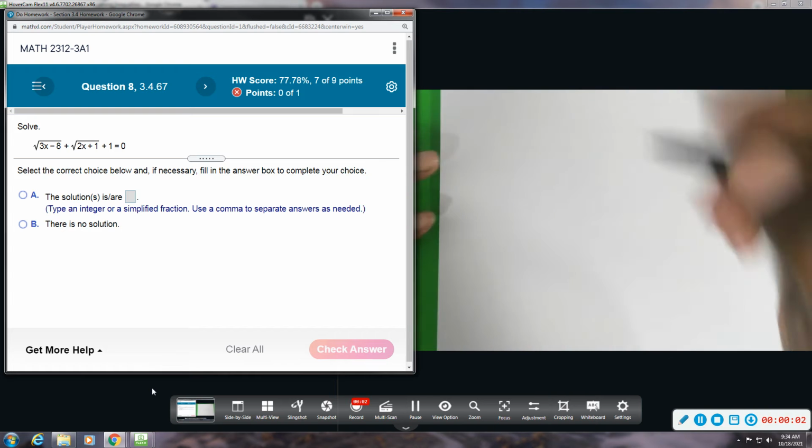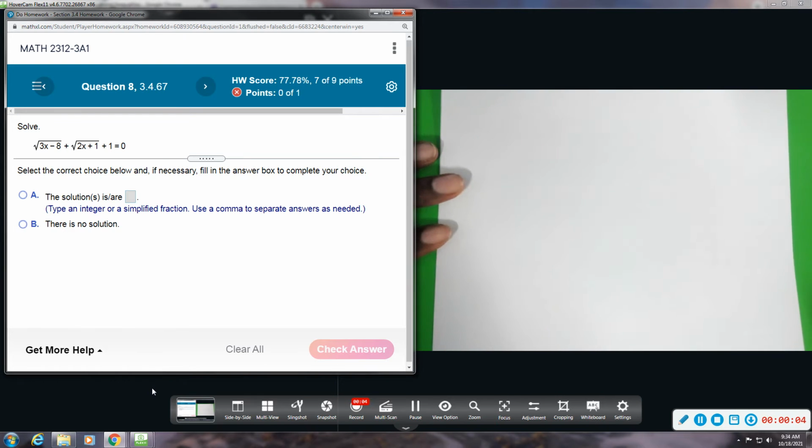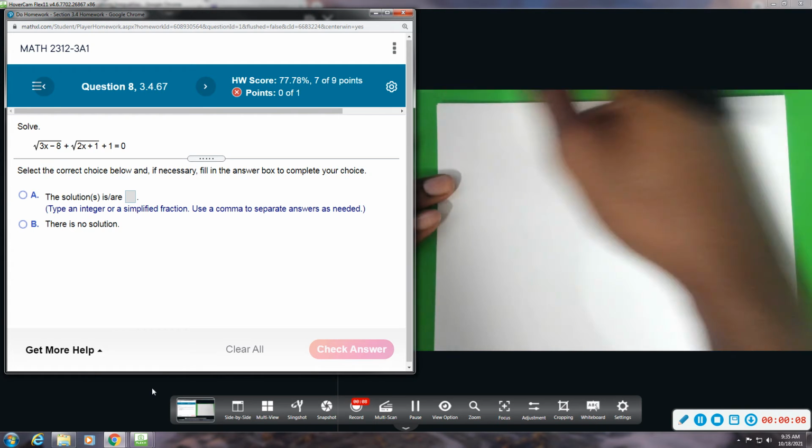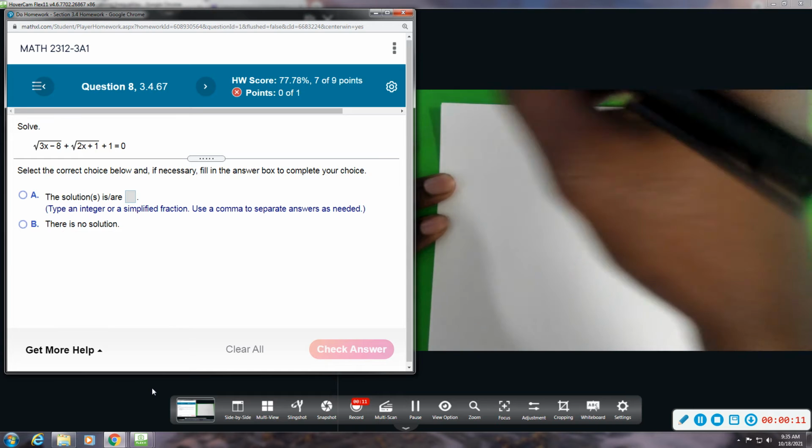All right, number 8. This is that problem mentioned in the overview. When you have two square roots, you want to isolate them because the problem can get pretty long if you don't.